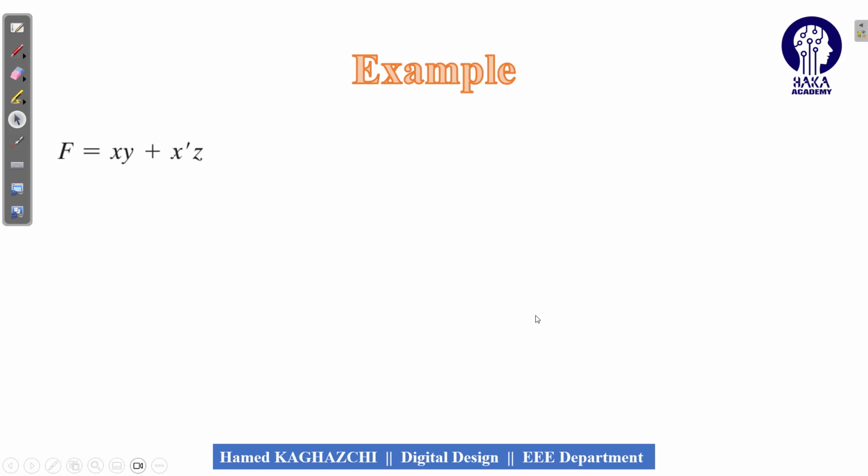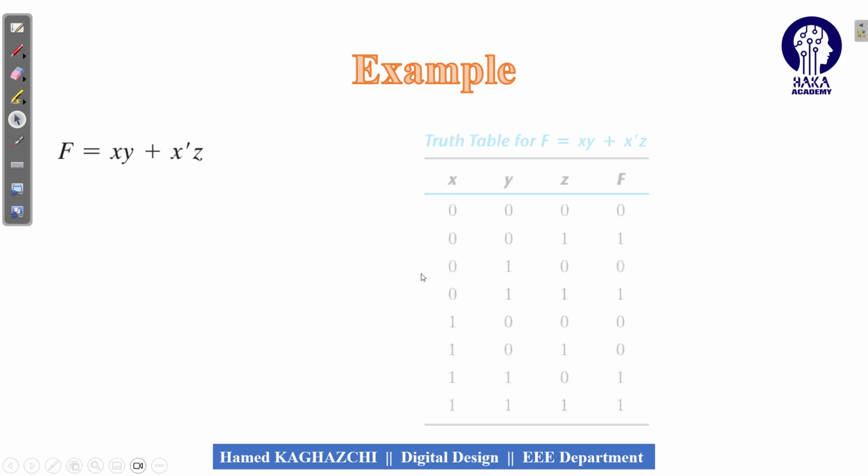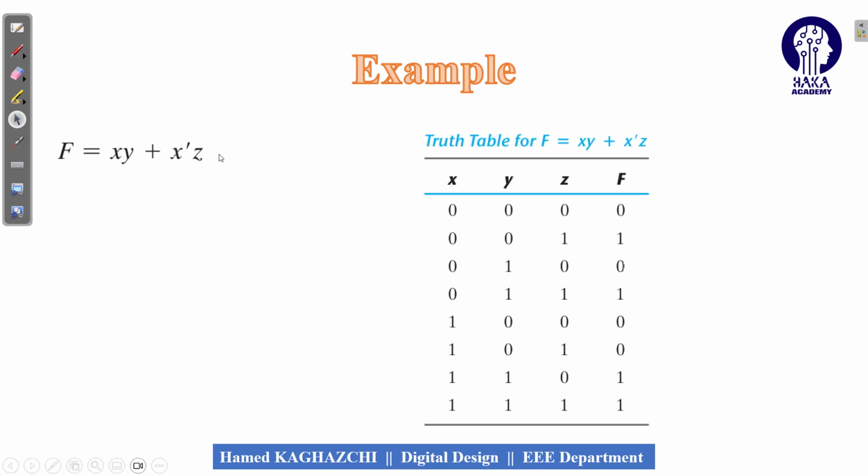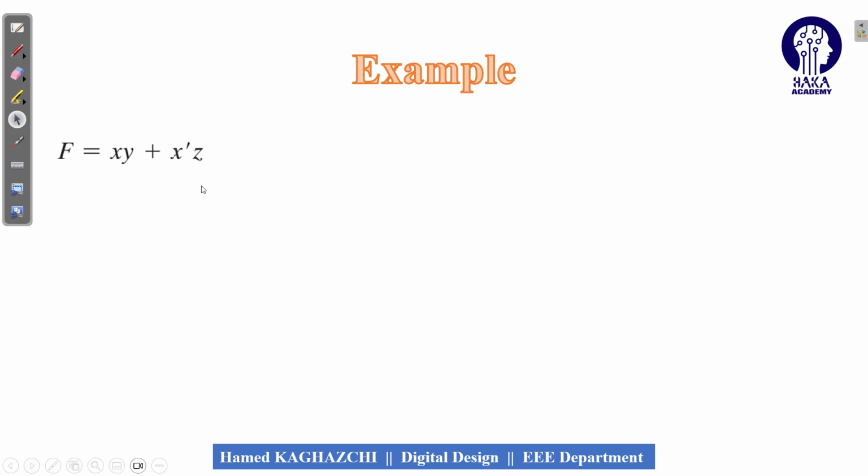Now I want to write the truth table of this one and write this one in the form of the sum of minterms. You can see that again this is not a minterm, this is not a minterm. How can I change this one to the sum of minterms?